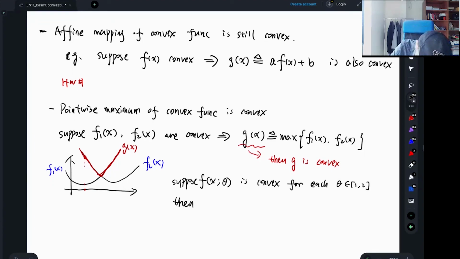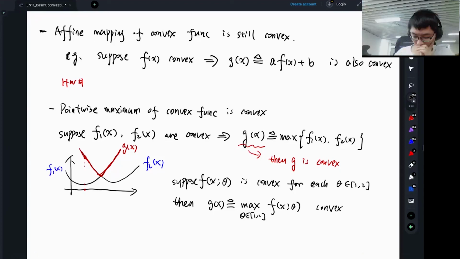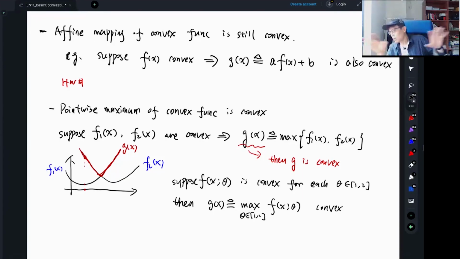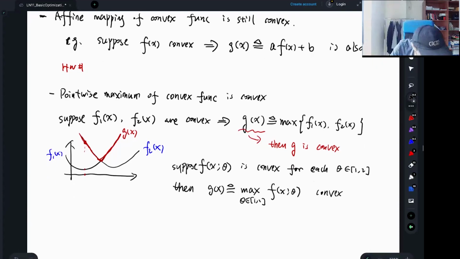Then if I define g of x as the max, not only over two functions, but over a continuum of theta belonging to the interval 1 to 2, of f of x and theta, this is also convex. You can think of it as an infinite number of functions f1, f2, f3, parameterized by theta. The max over all of them is also a convex function.